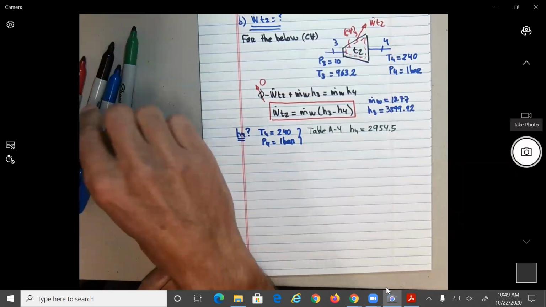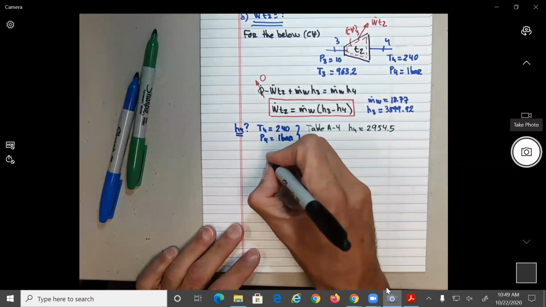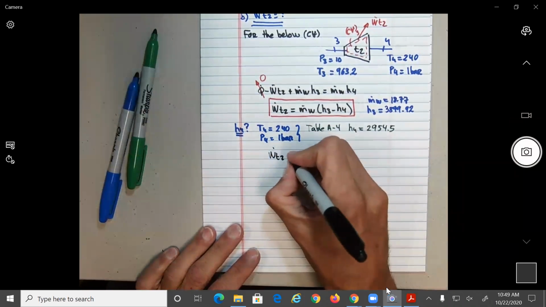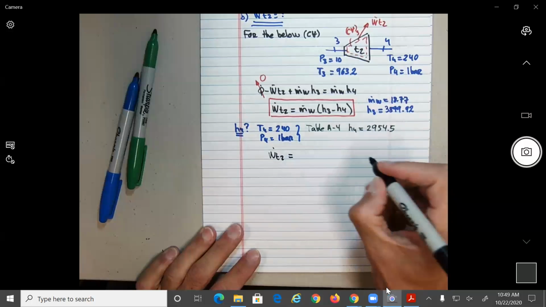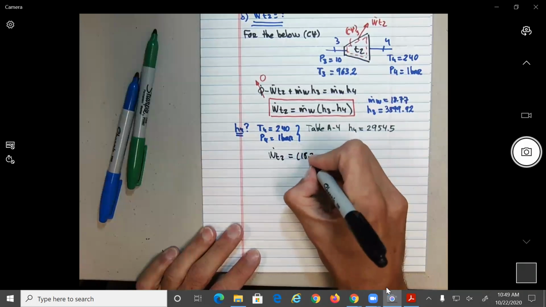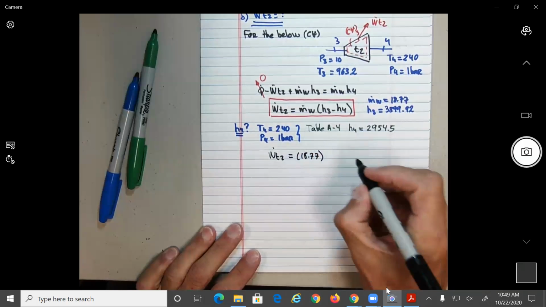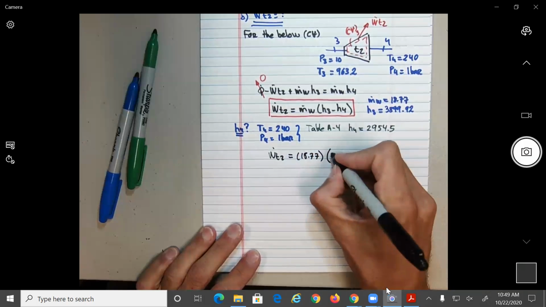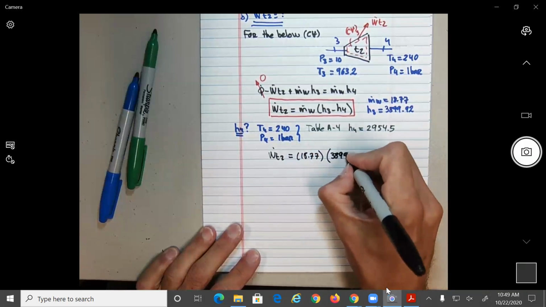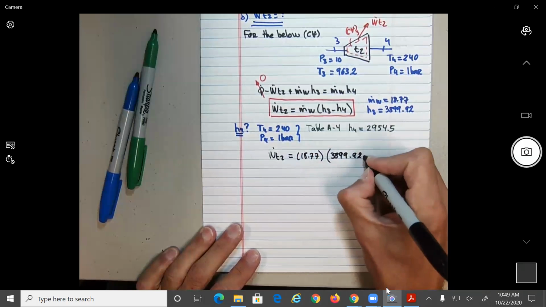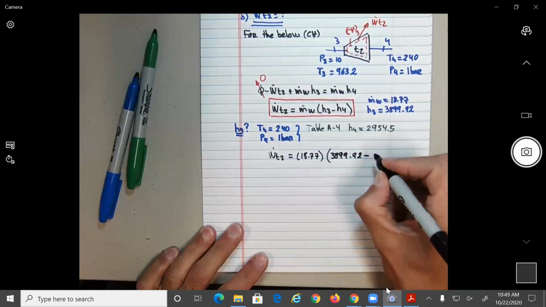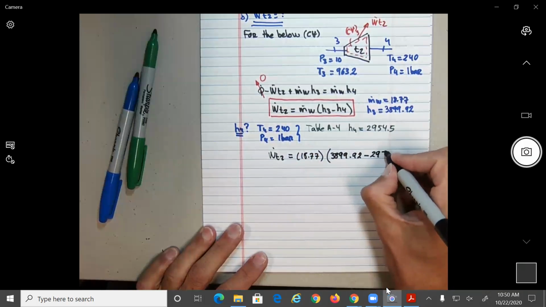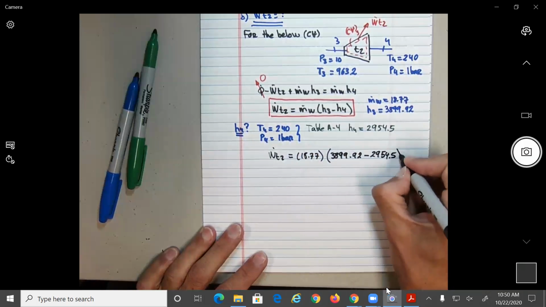All right, so finally we can say that the power of turbine 2 will be equal to 18.77 times 3,899.92 minus 2,954.5.